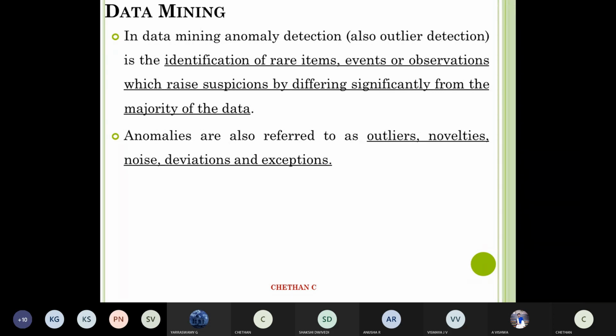An anomaly is something which is not regular, a deviation from the regular. You can call that an outlier, novelty, noise, deviation, or exception. Everything comes under what is known as anomalies. This is something you have to keep in mind.